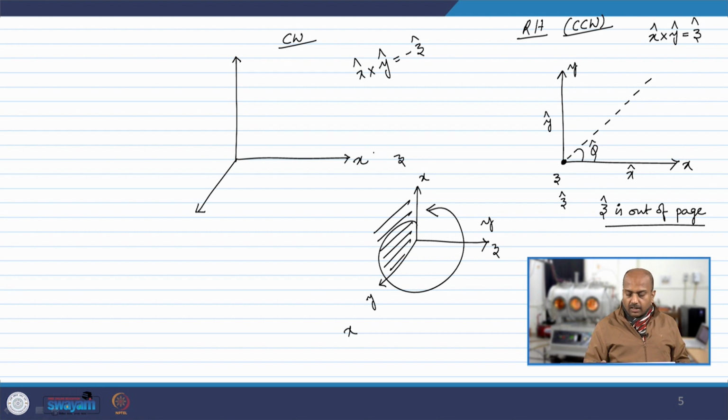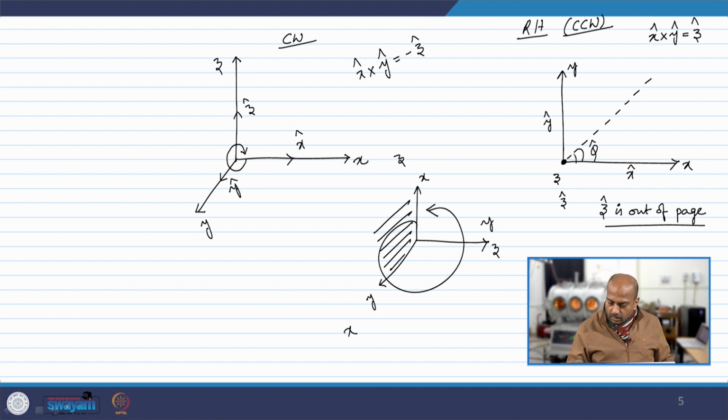If I take this as x, then I have to take this y and this is z, and the unit vectors will be x cap, y cap, z cap. You see here the sense of rotation is like this, and here the sense of rotation is like this.